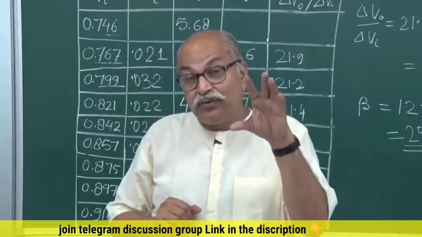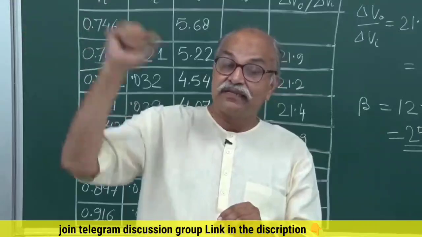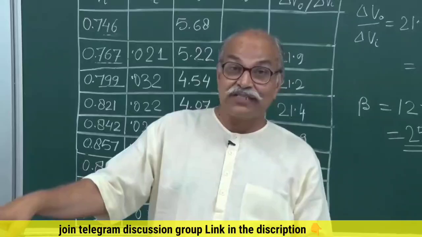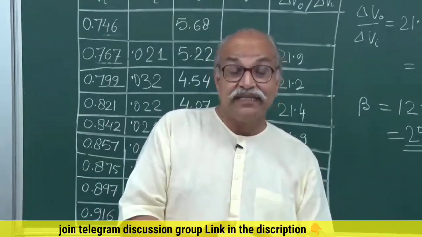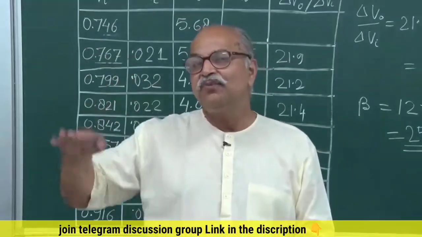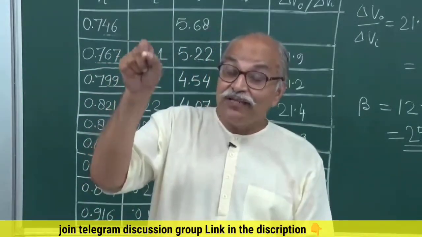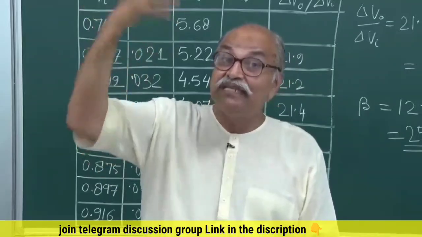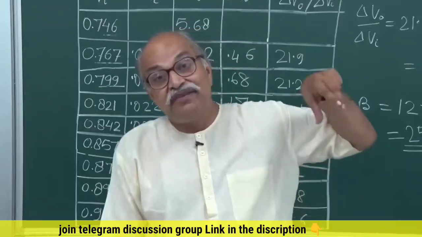So decrease this VBB to a small value, and you have a large output there, and then increase it so that it goes into saturation. Increase this current IB, increase that VBB, and what you have is a very small output voltage. So that output voltage can be switched from a high value VO, which can be VCC, to a very small value by controlling this VBB.